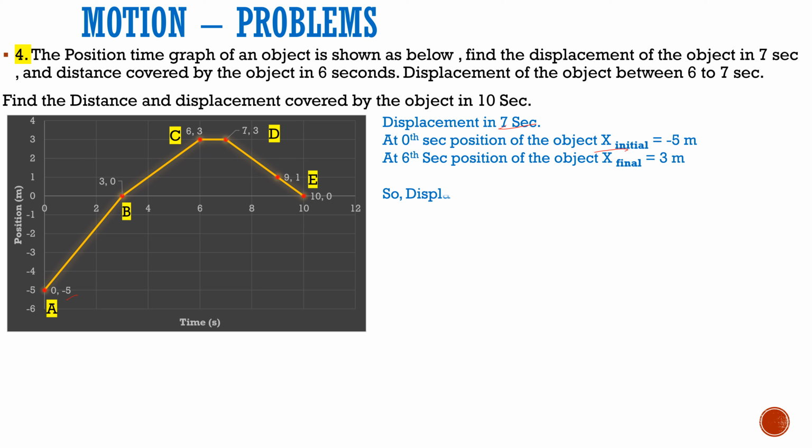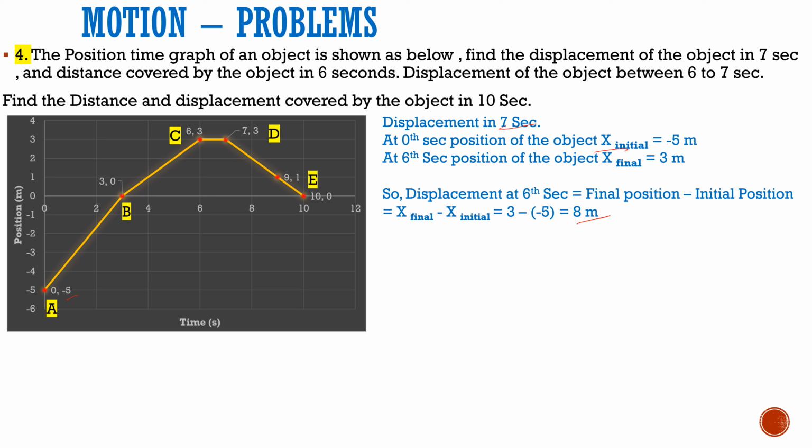So the displacement will be final position minus initial position directly. We are not concerned about the individual or intermediate journey. So we directly say 3 minus -5. So x final minus x initial is 3 minus -5, which is 8. This is our answer at the 6th second.